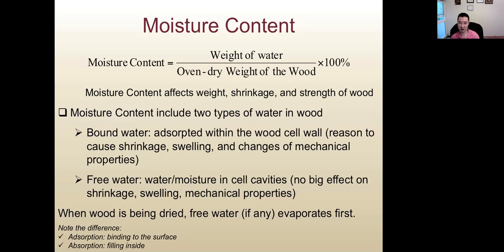We have surface moisture, and we also have moisture inside the permeable pores in aggregate. So again, for moisture content, we have bound water and also free water.